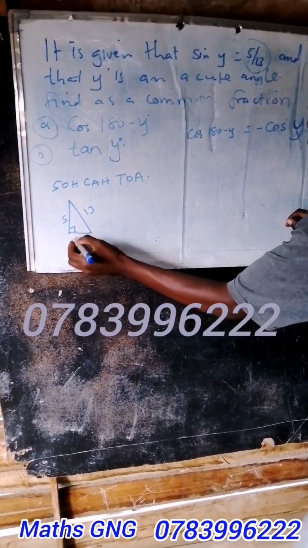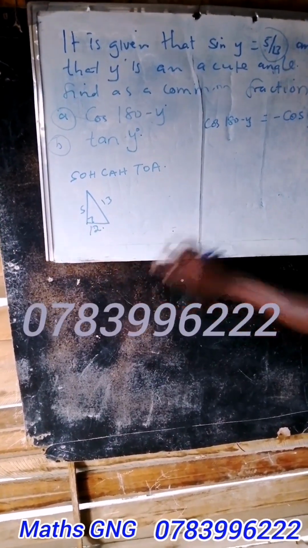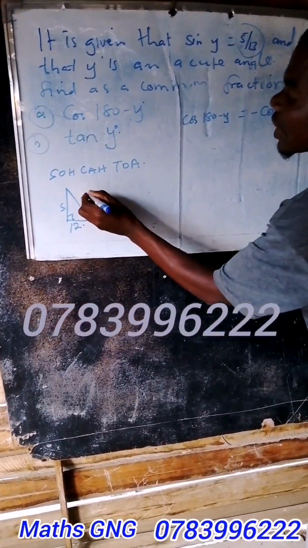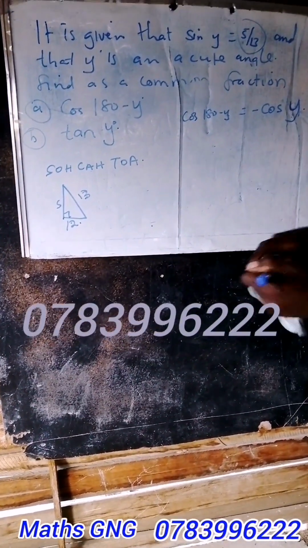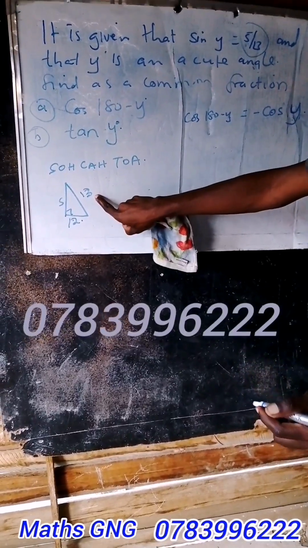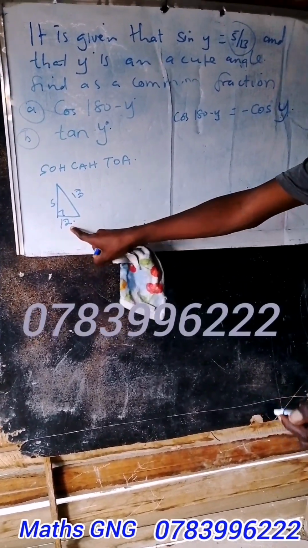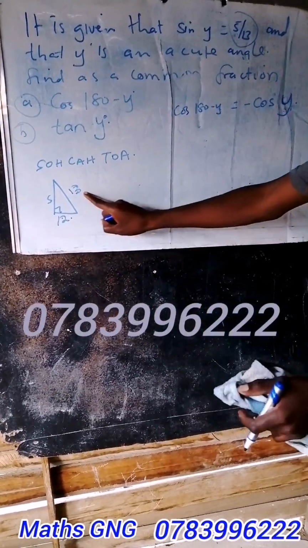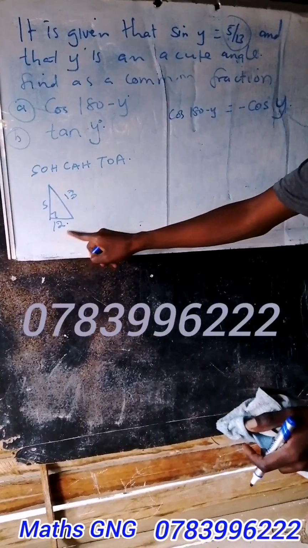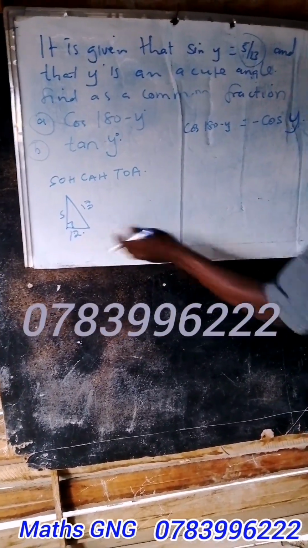Or by c squared is equal to a squared plus b squared: 13 squared is equal to 5 squared plus a squared. 169 minus 25 gives 144. The square root of 144 is 12. Now we have 12, which is our adjacent.